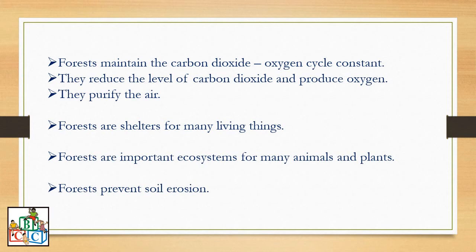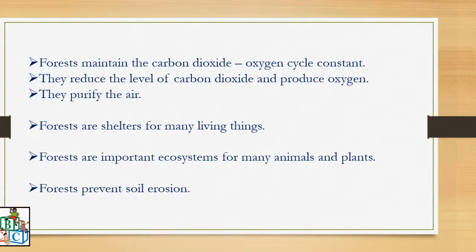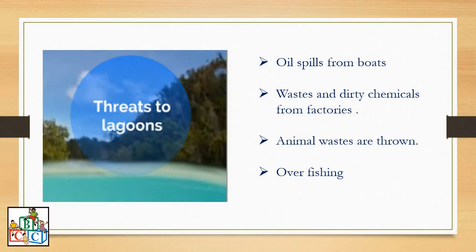You may take them down and you may add some more notes on the importance of forests. We have already discussed threats to forests, how to care for forests, and their importance. Now we are going to take a look at the threats to lagoons.